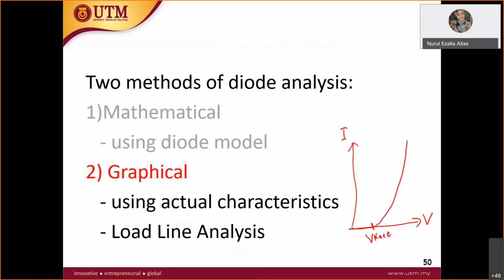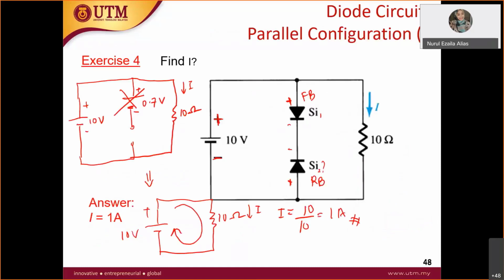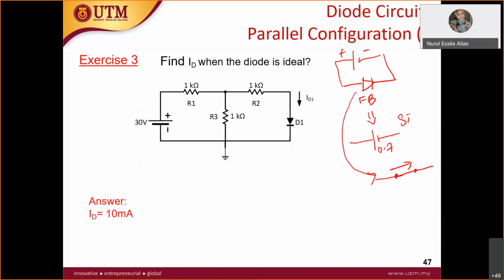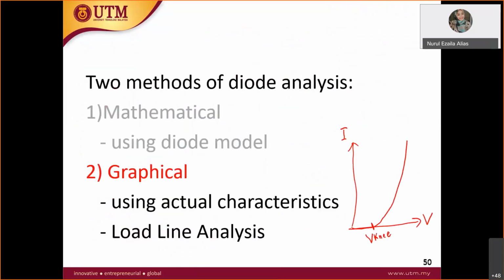In the previous slide, you did the mathematical method to find the current and the voltage of the circuit, where you apply KVL and KCL. Now you want to do a graphical method where you apply a load line to your circuit.